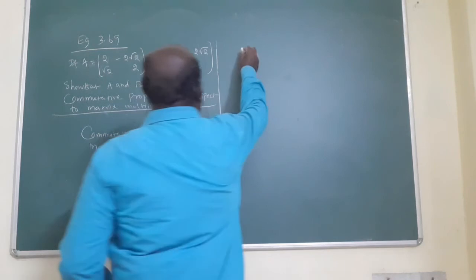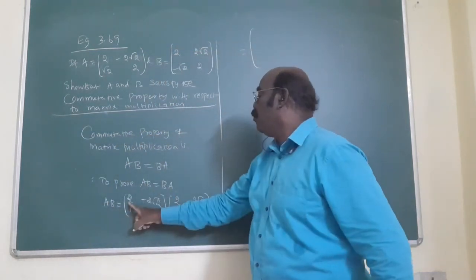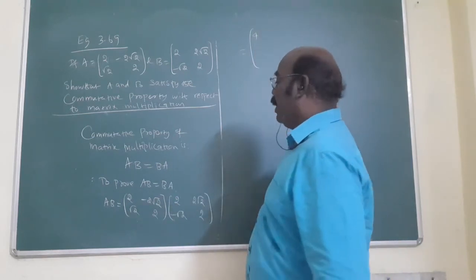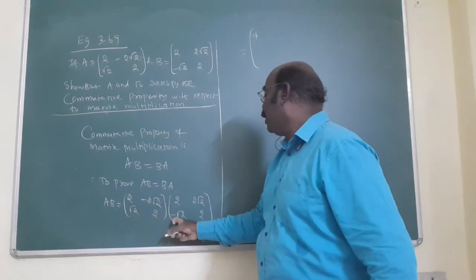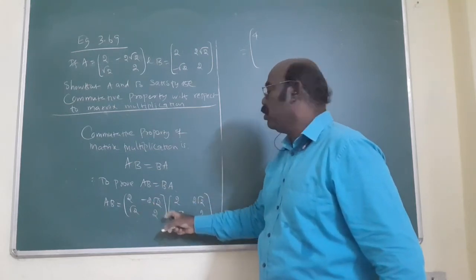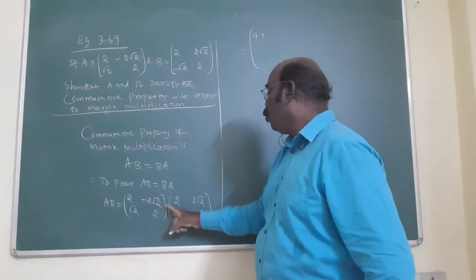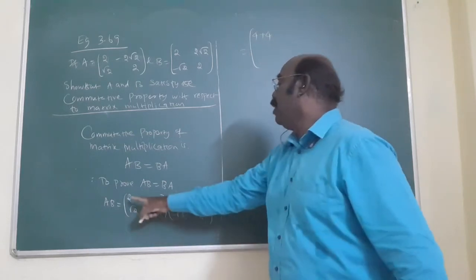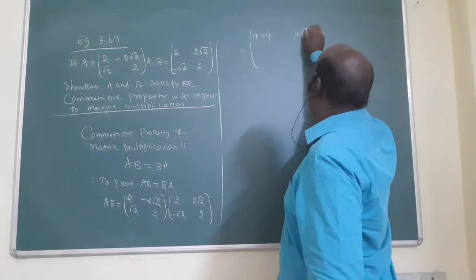Now the same thing, first row, first column. 2 twos are 4. Next say minus 2 root 2 into minus root 2. Minus into minus plus, 2 root 2 into root 2, and 2 twos are 4. Next say first row, second column. 2 into 2 root 2, 4 root 2.